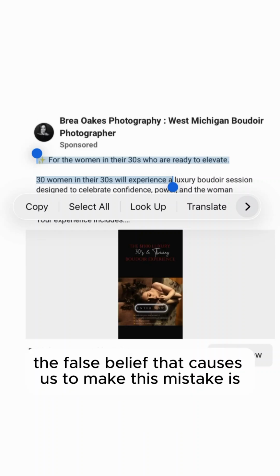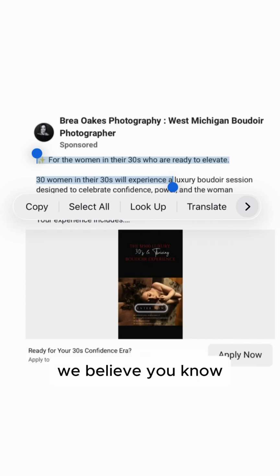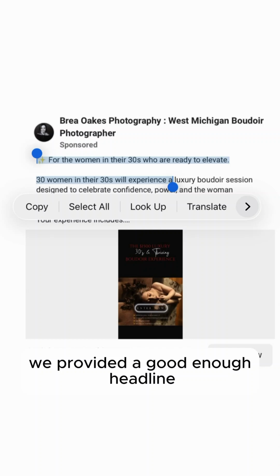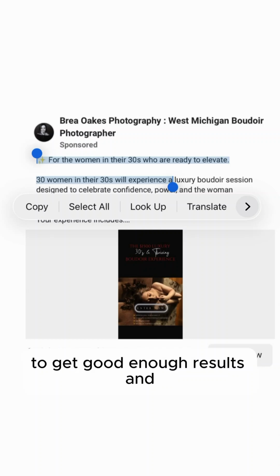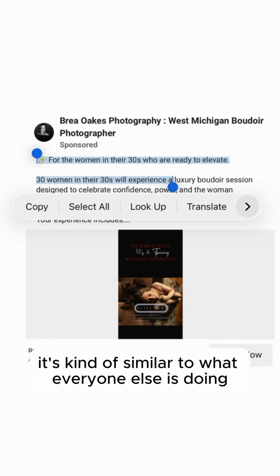The false belief that causes us to make this mistake is that we believe we provide a good enough headline to get good enough results, and it's kind of similar to what everyone else is doing.